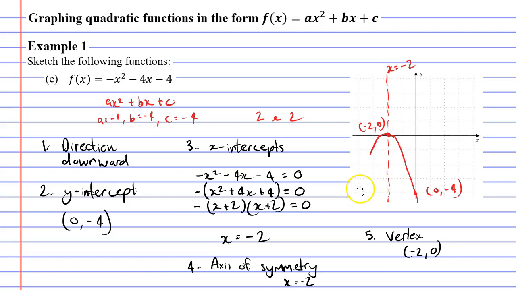Now you might remember that parabolas are always symmetrical on both sides of the axis of symmetry. We have a point here which is 2 squares from the axis of symmetry, which means there should be another point 2 squares from the axis of symmetry on the other side. That helps us. It gives us a third point so we can finish our parabola like so.